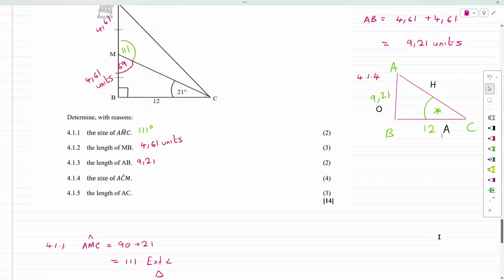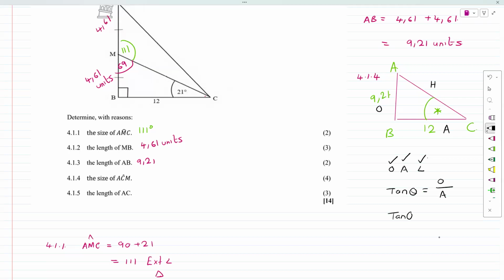We have the opposite, we have the adjacent, and we want to calculate the angle. So we have to use tan. So tan of, let's call it theta, equals opposite over adjacent.